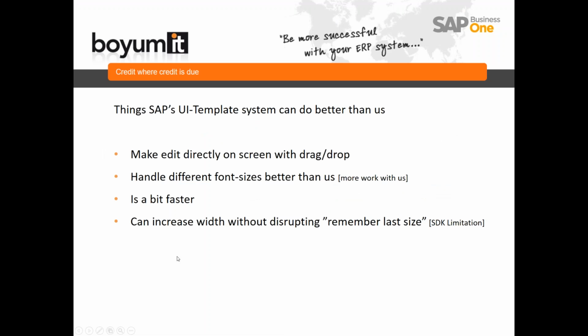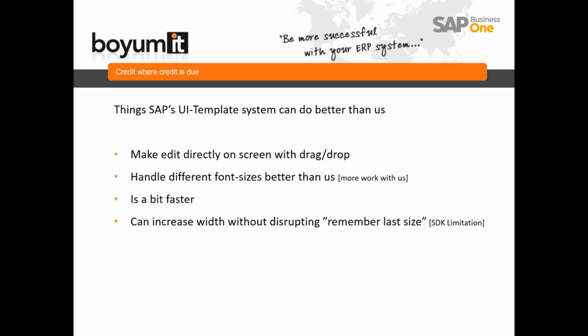So a bit of credit where credit is due. Things that SAP's UI template can do better than us. First of all, they can edit directly with drag and drop. You saw me use the mouse to just drag and drop, while we need to right click and say, do we want to place it above or below. The reason why we can't do that is because SAP simply doesn't provide that functionality to us.